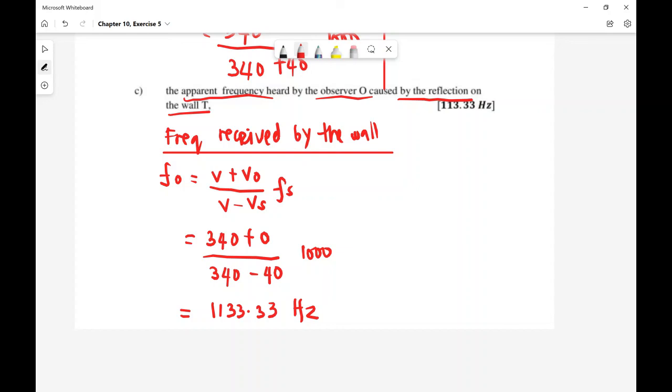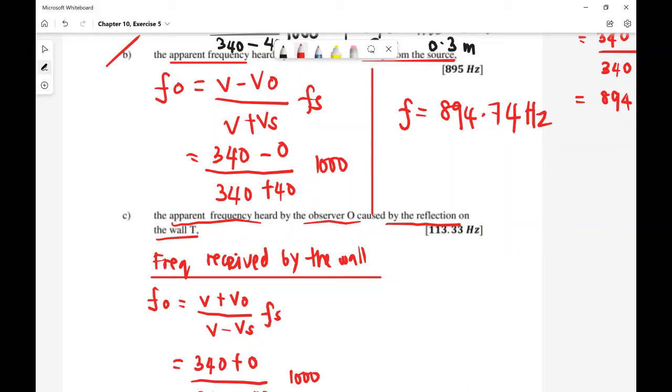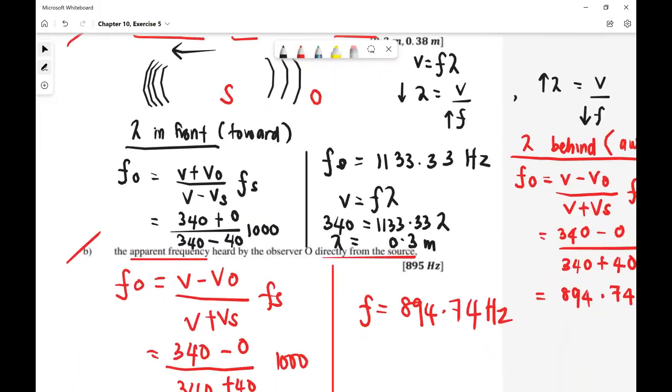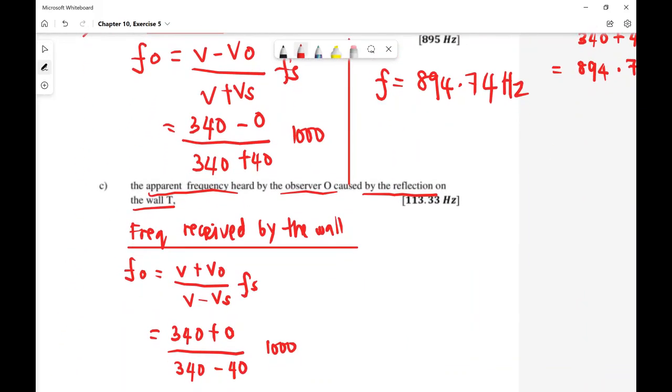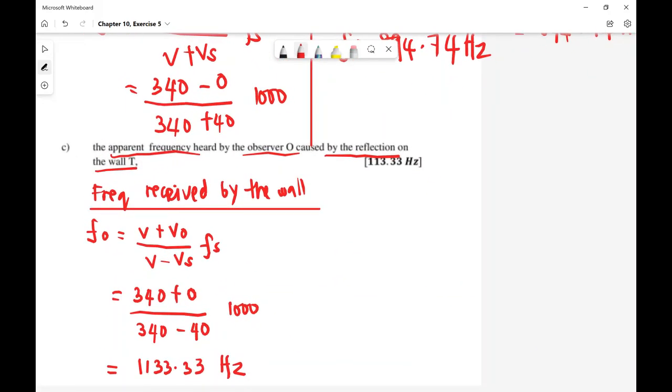Sekarang kita nak tengok frekuensi heard by the observer, observer O yang ada dekat belakang source ni. Frequency heard by the observer because of the reflection on the wall. Sekarang ni both wall and the observer are stationary. Wall is stationary. Observer O juga adalah stationary. Jadi dalam ni tak berlaku Doppler effect.